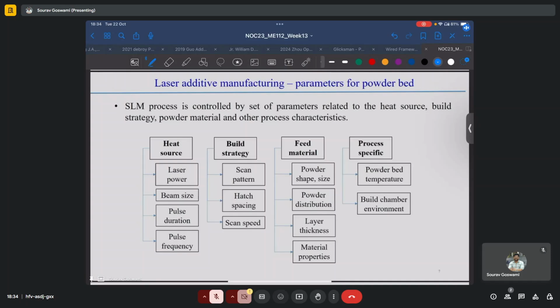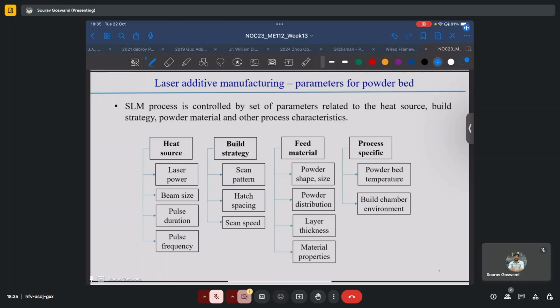The SLM process is controlled by a set of parameters related to the heat source, build strategy, powder material, and other process characteristics. In terms of the heat source, we must optimize the laser power that we are working with, the beam size, whether it is a very small size beam or a large size beam.